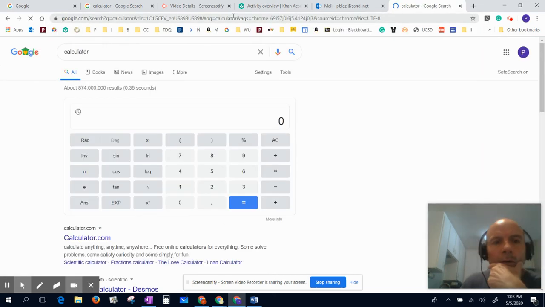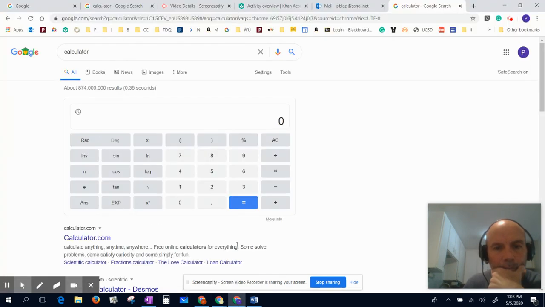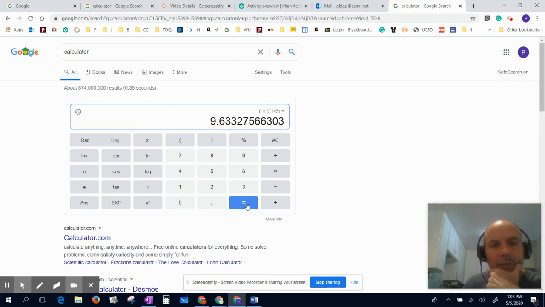So calculator, let's look again here. 0.8 times root 145. 0.8 times the square root of 145 equals 9.63.